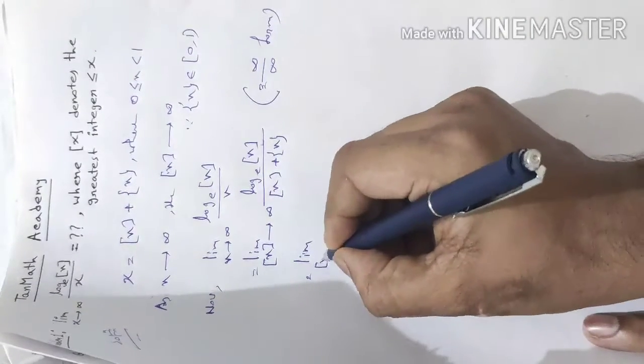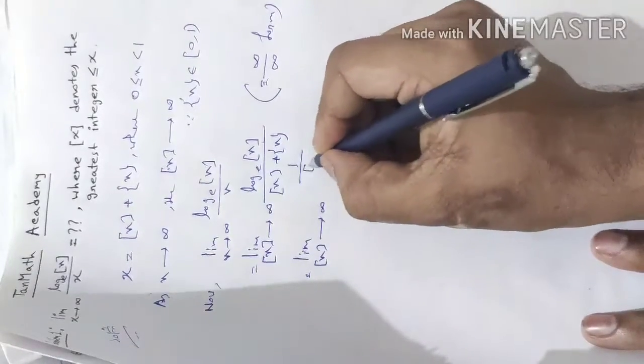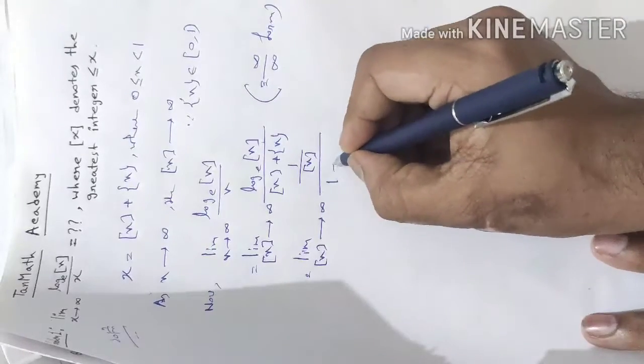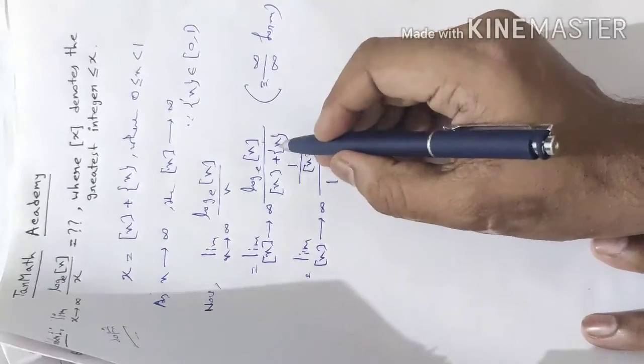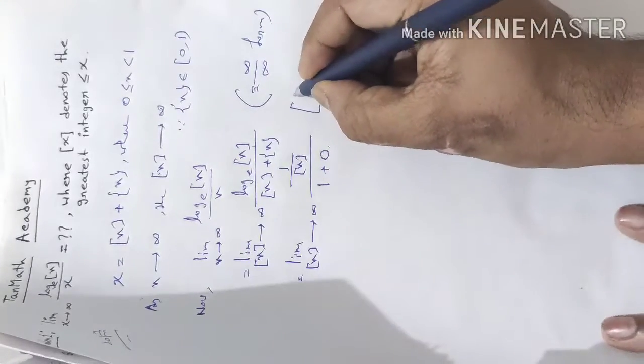Limit box x tending to infinity of 1 by box x by 1, and the fractional part is a constant.